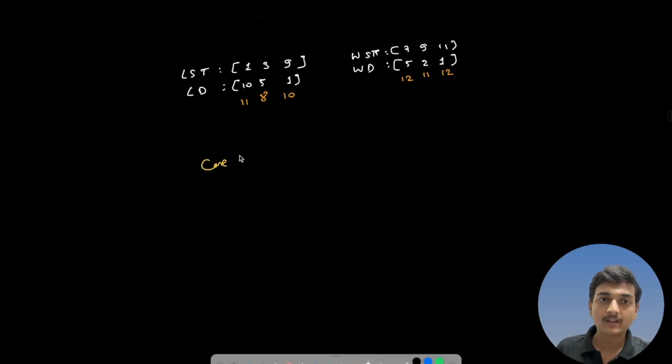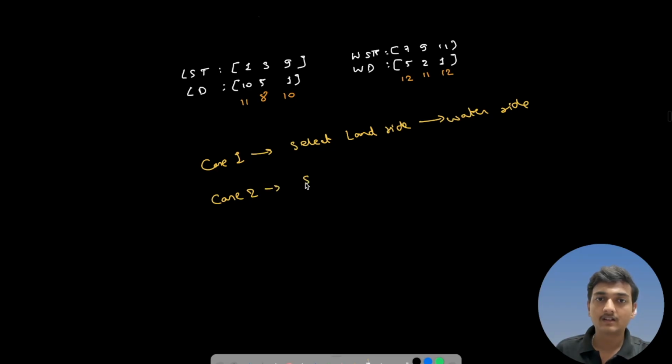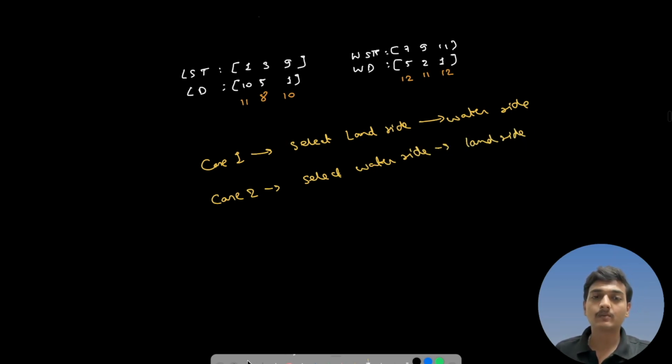Case one is select land ride, then water ride. And what is my case 2? Case 2 will be select water ride, then land ride. So these are the two simple things.